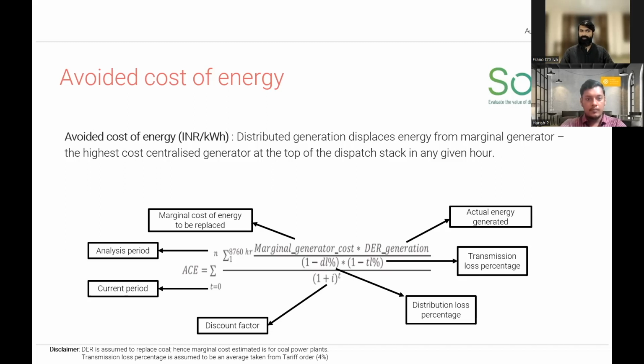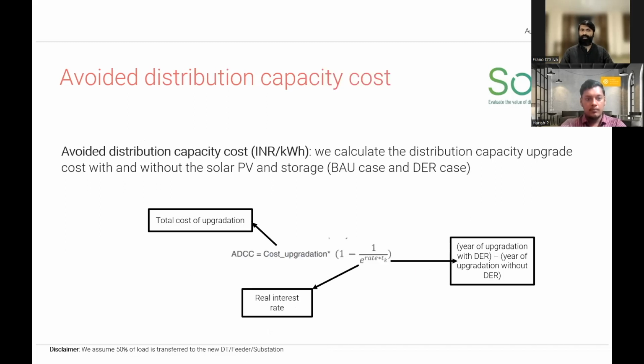Further, to determine the avoided distribution capacity cost, as you can see here, the formula takes into consideration the cost of upgradation as well as the difference of the year of upgradation for that particular equipment, be it the distribution transformer or the HT feeder or the substation.